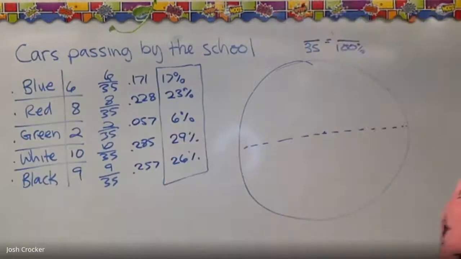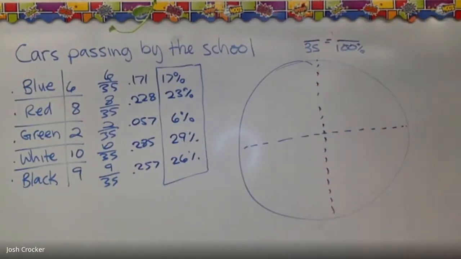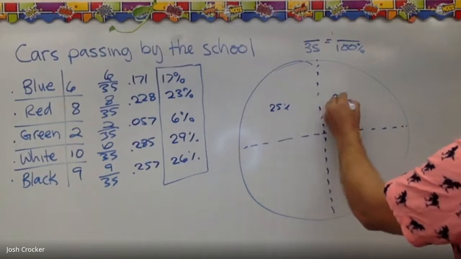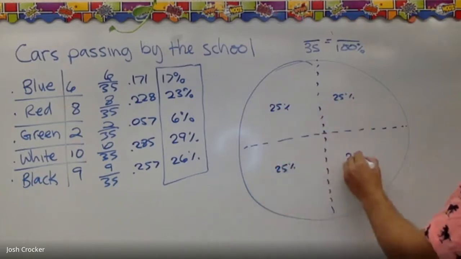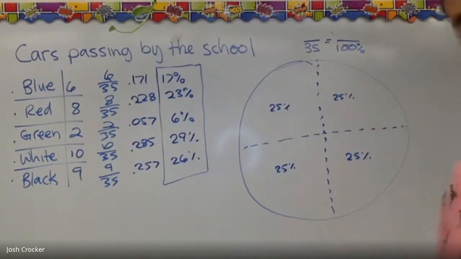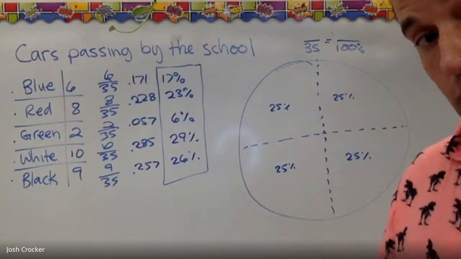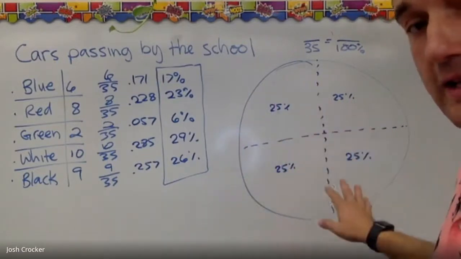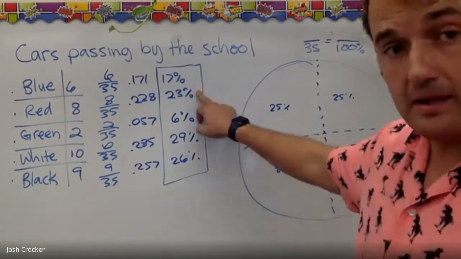Now if I cut that half into fourths, each one of these is 25%. Hopefully that makes sense, because 4 25s, just like 4 quarters is a dollar, 4 25s is 100%. So that's the whole.